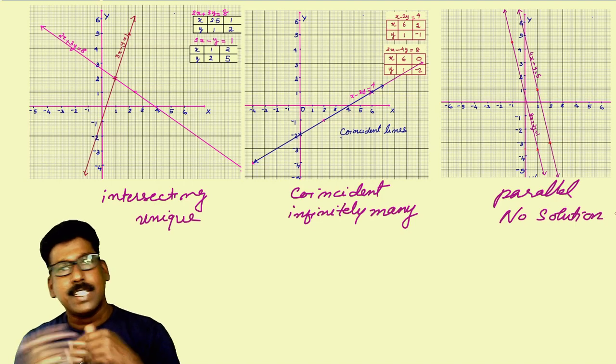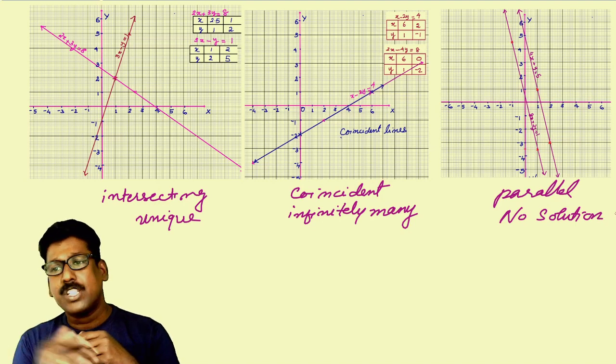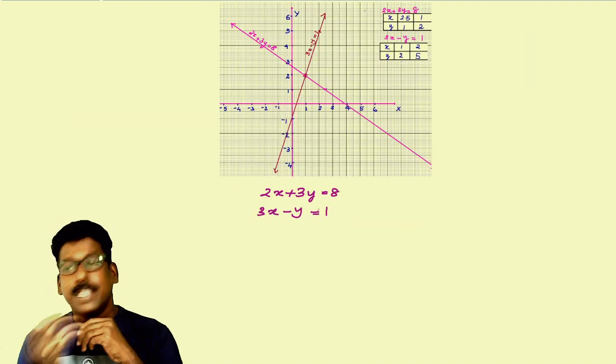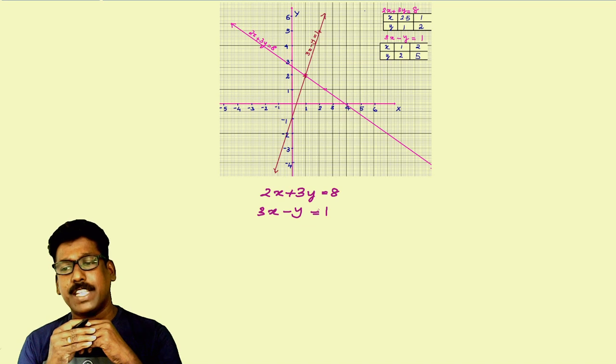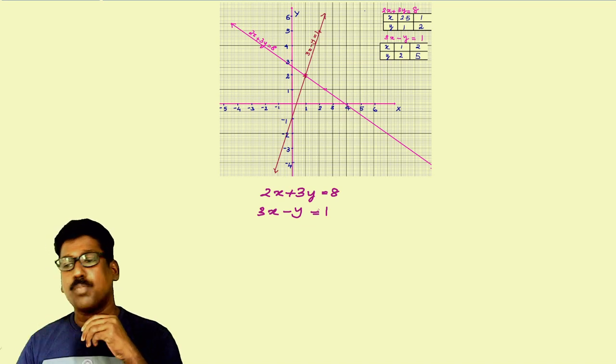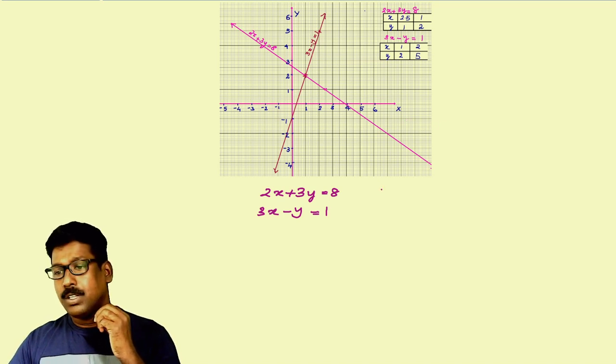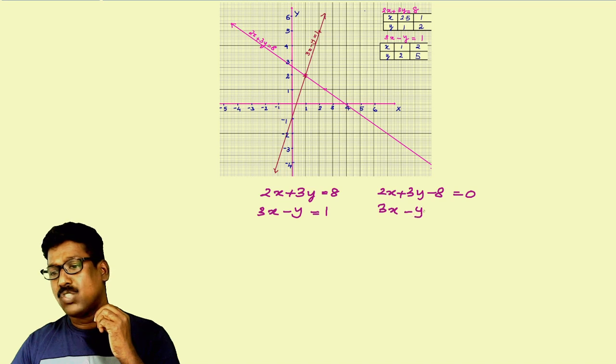Now there is a relation between the coefficients of this pair of linear equations and the graph. Let us check it out. This is the graph of 2x plus 3y is equal to 8 and 3x minus y is equal to 1. Let me write these 2 equations in standard form. This is 2x plus 3y minus 8 is equal to 0, and 3x minus y minus 1 is equal to 0.